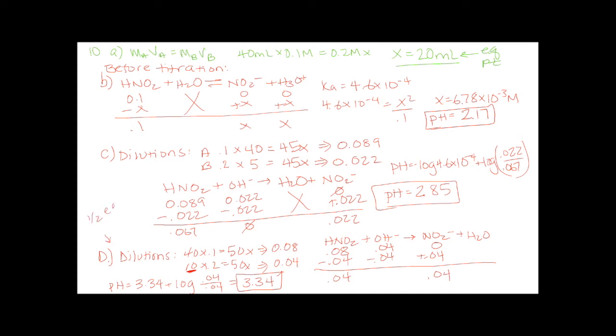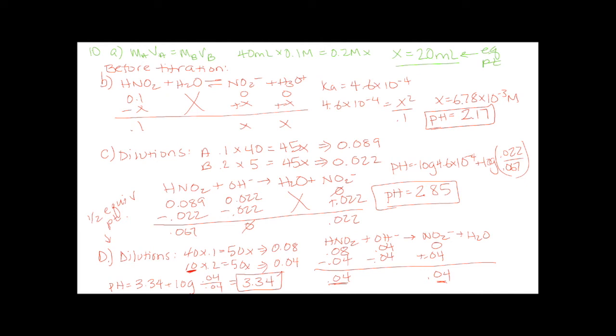That's a big deal because when we are at half equivalence point, what that means is I have equal amounts of weak acid and weak base. I've taken half of my weak acid and turned it into weak base, so now my pH is equal to the pKa.